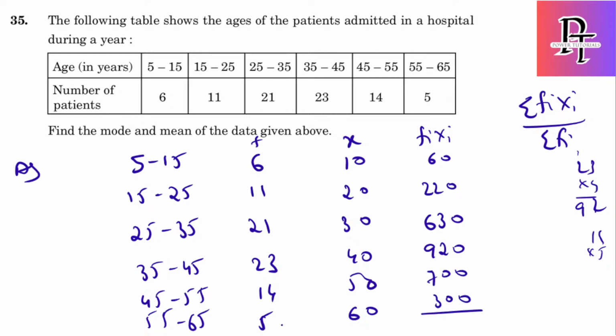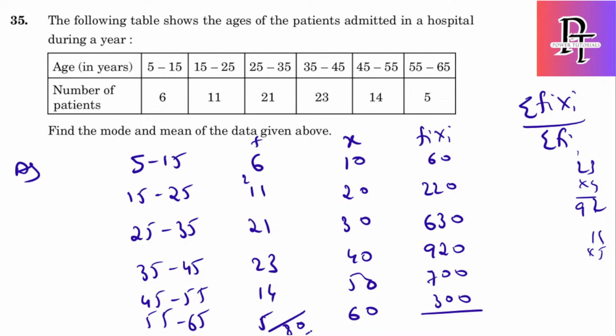So this is sigma FiXi and this is sigma Fi. 6 plus 11 is 17, plus 21 is 38, plus 23 is 61, plus 14 is 75, plus 5 is 80. So sigma Fi is 80.